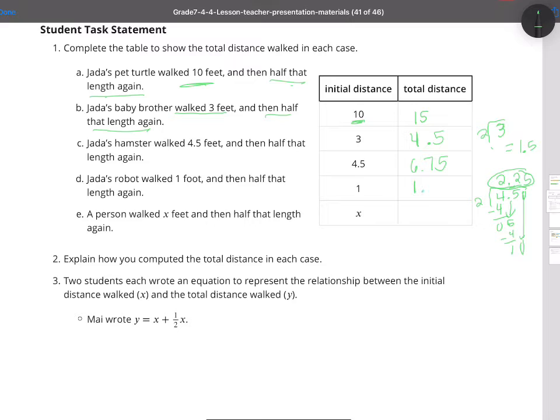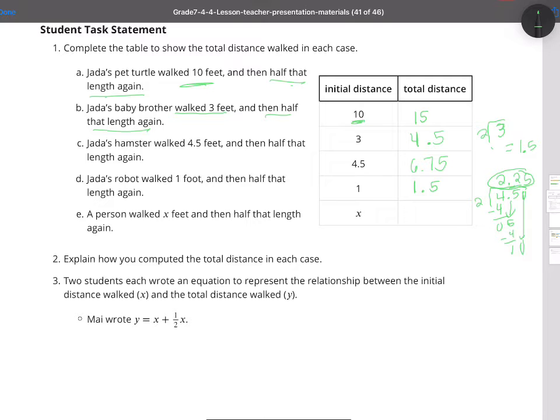So it'll be 1 and 5/10, or 1.5. Then the next one says a person walked x feet and then half of that length again. I'm saving that one for question 3.